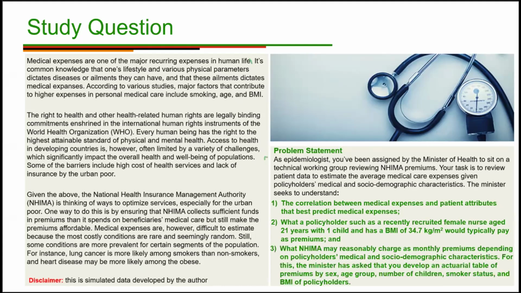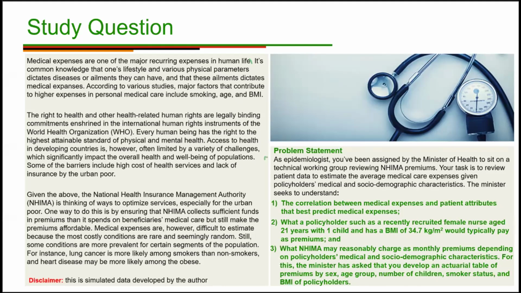And three, what NEMA may reasonably charge as monthly premiums, depending on the medical and socio-demographic characteristics of the policyholder. And for this, the minister has asked that you develop an actuarial table of premiums by sex, age group, number of children, smoker status, and BMI of policyholders.